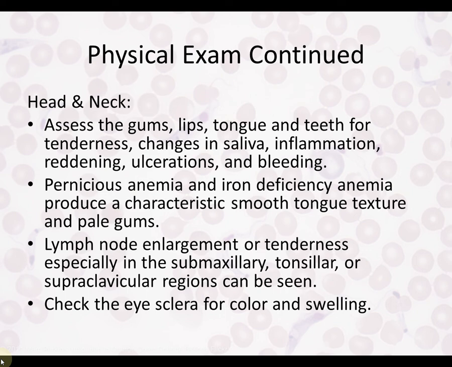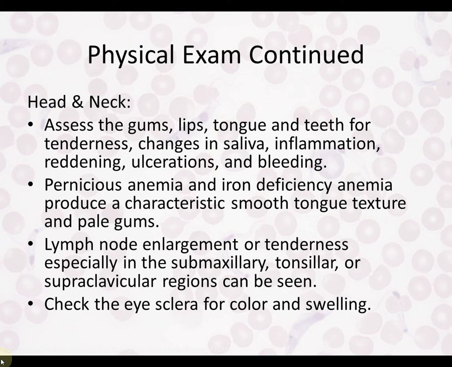The head and the neck, you want to assess the gums, the lips, the tongue, the teeth. All of these you want to check them for tenderness, pallor, bleeding, changes in the saliva, inflammation, redness, ulcerations. Pernicious anemia and iron deficiency anemia can produce a characteristic smooth tongue texture, and they'll have pale gums.